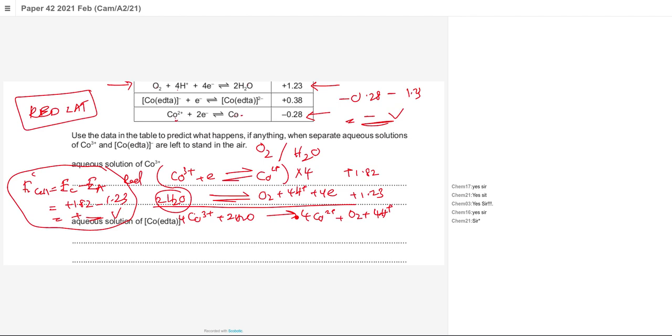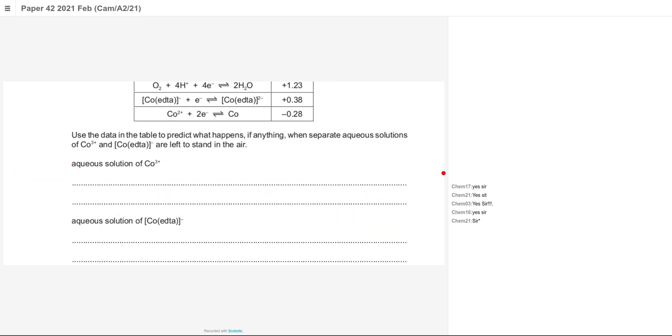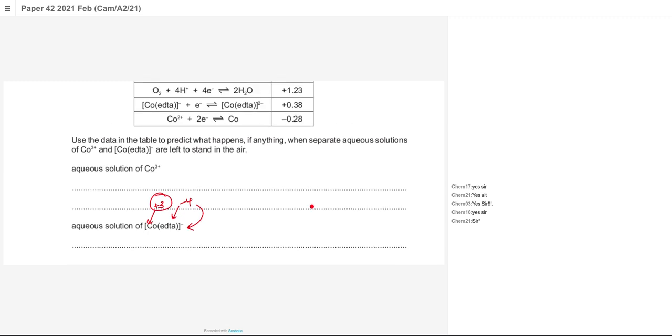Right, the next is an aqueous solution of EDTA cobalt complex. Now try to understand what the charge is here. It is -1, right? Because cobalt is +3, EDTA is -4, +3 and -4, you get the overall charge of the complex being -1.